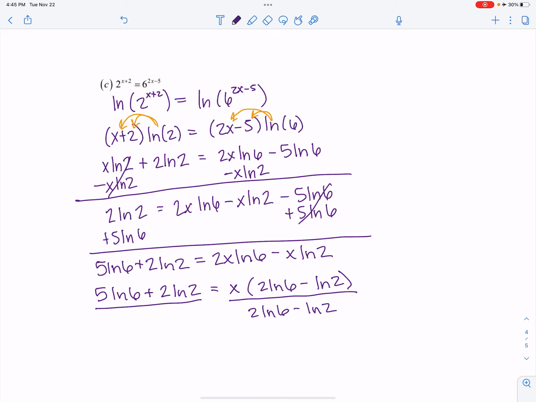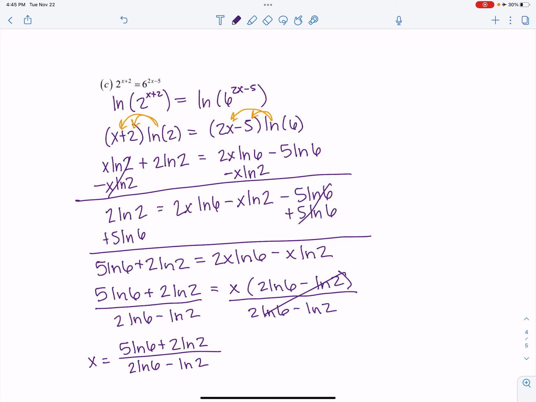And whatever I do to one side, I have to do to the other. 2 natural log of 6 minus natural log of 2. So these cancel, and x, I'm left with 5 natural log of 6 plus 2 natural log of 2 over 2 natural log of 6 minus natural log of 2.